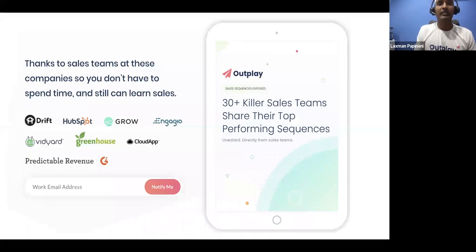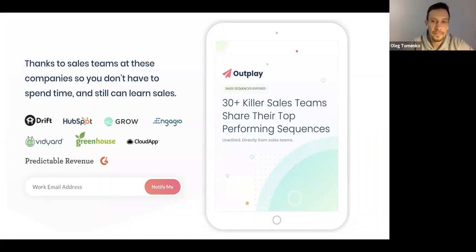So one thing that I want to exclusively offer to this community, especially to you guys right now, is that we are working on an ebook called 30 plus sales sequences. These are all sales sequences that we have got, like the one example that I showed you from Jeremy. We got a lot of examples like that from the top 30 companies, and we are making an ebook out of it. So you can actually copy their strategies, use templates, make tweaks to those templates.